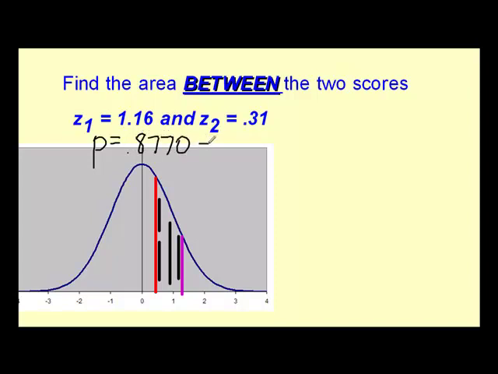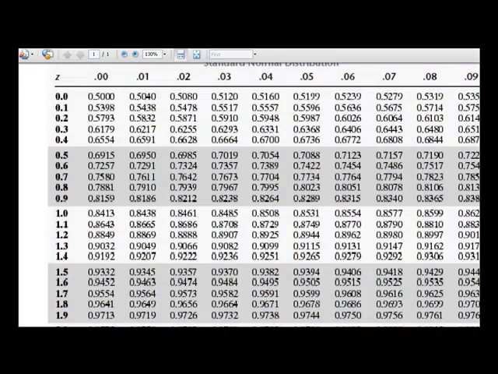The other z-score, in red, is going to be subtracted. Its probability of 0.31, its z-score of 0.31 has a probability of 0.6217.